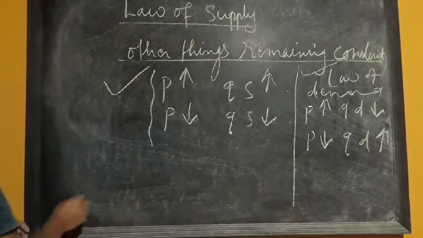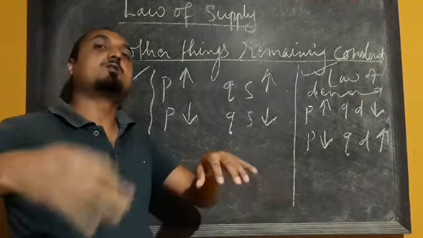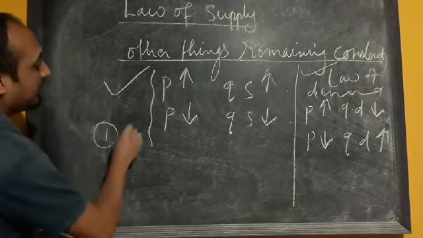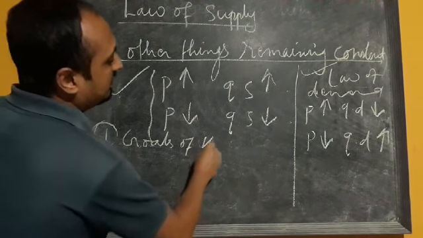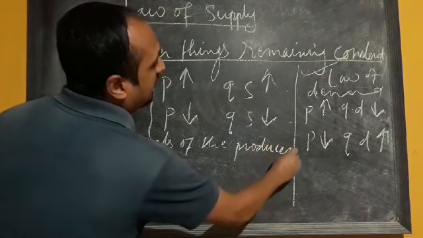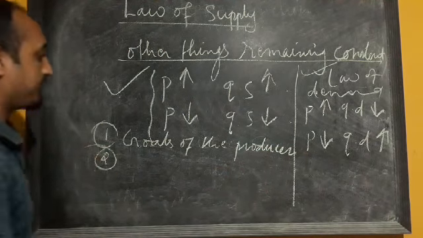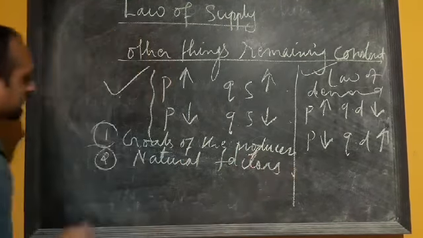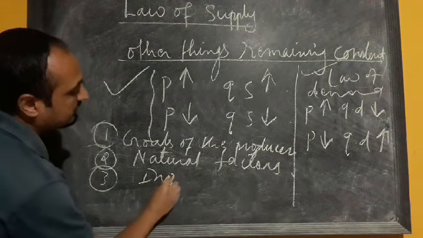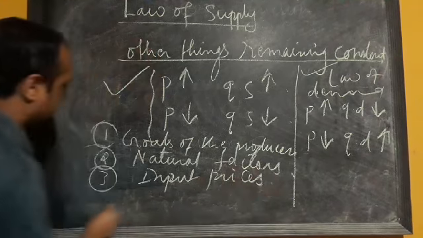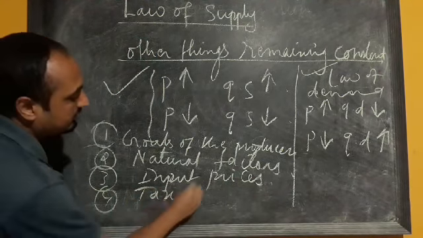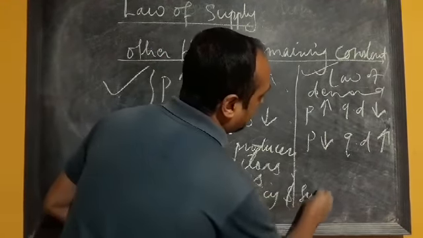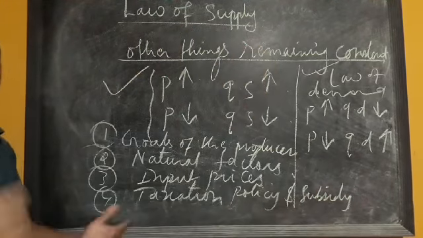These other determinants may be the goals of the producers, natural factors, input prices, taxation policy and subsidy of the government, and so on.